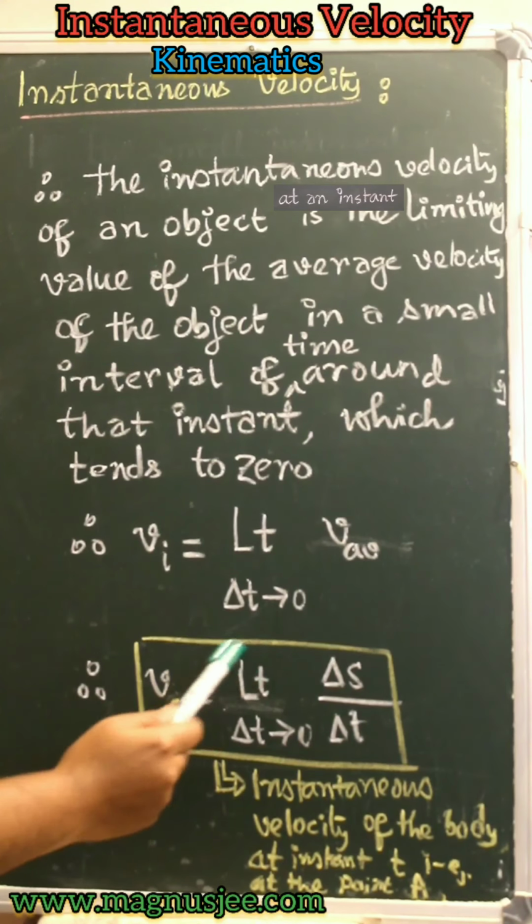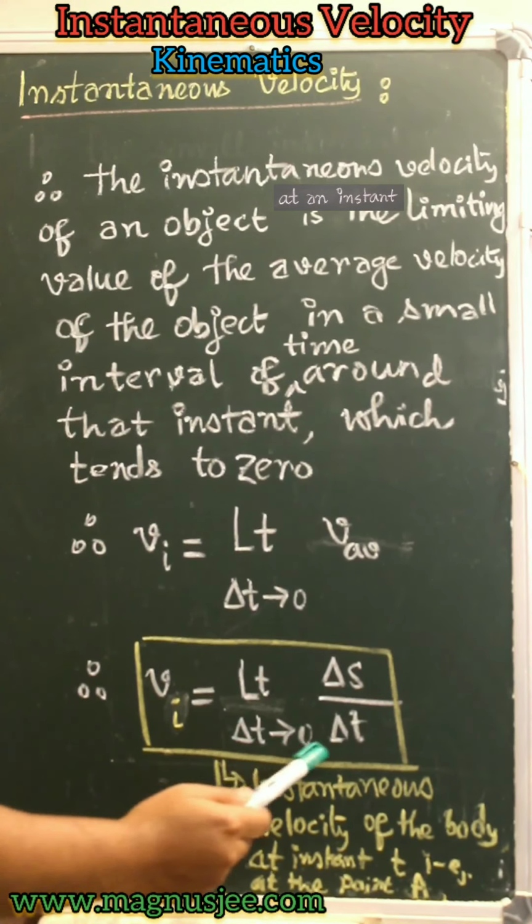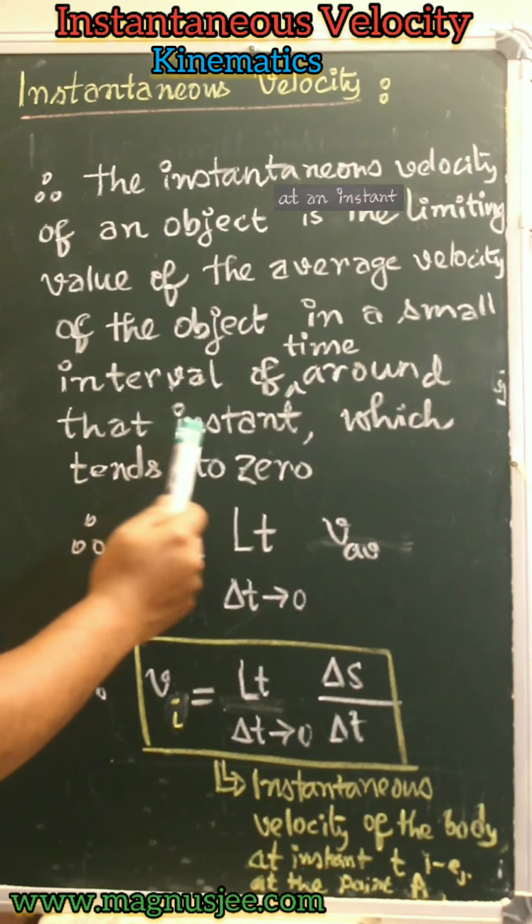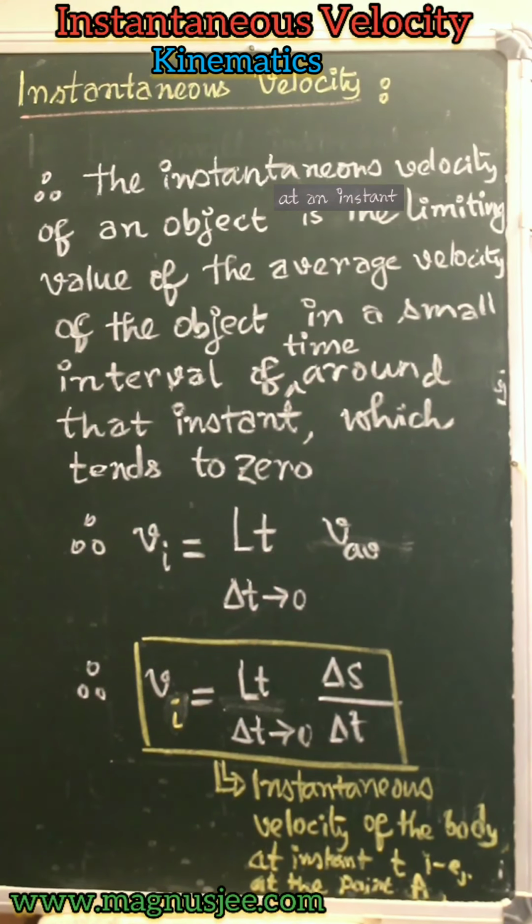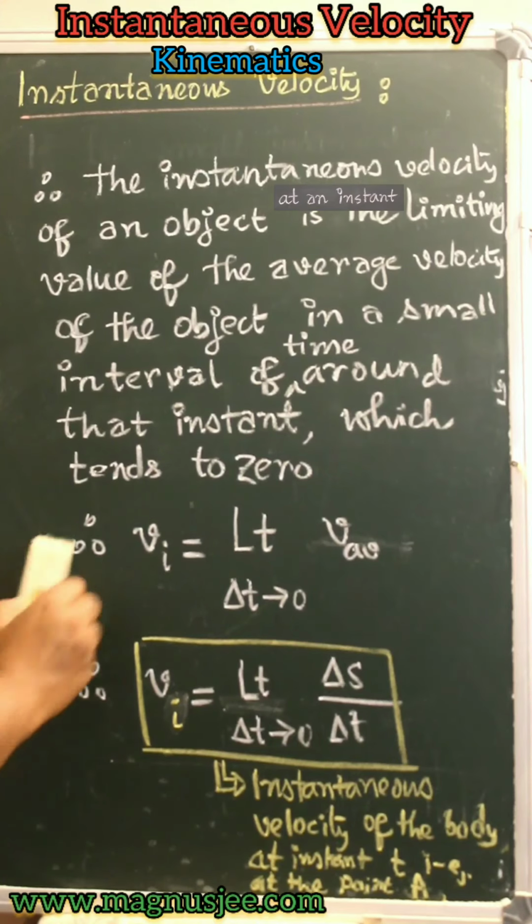The limiting value of that is the limit as delta t tends to 0.